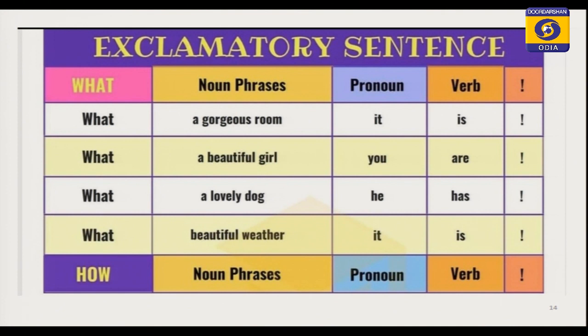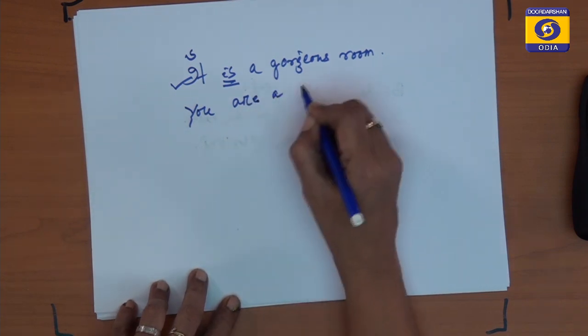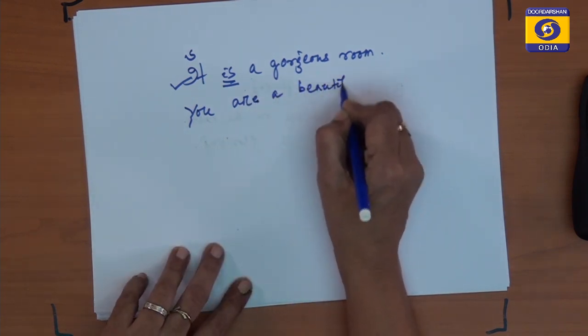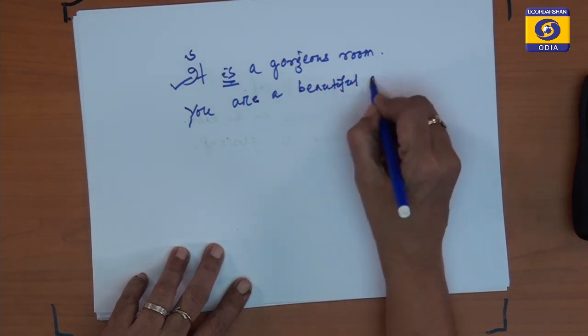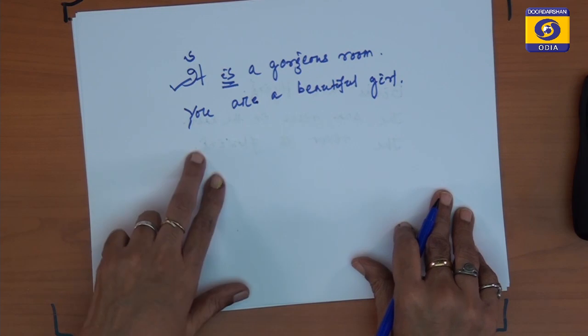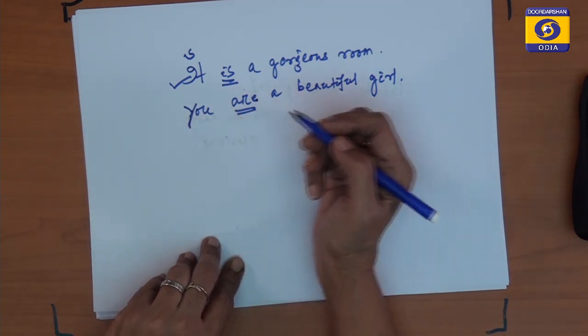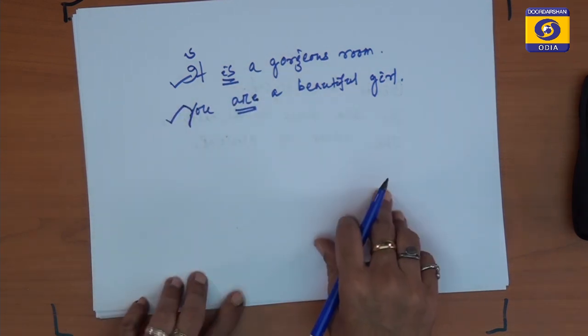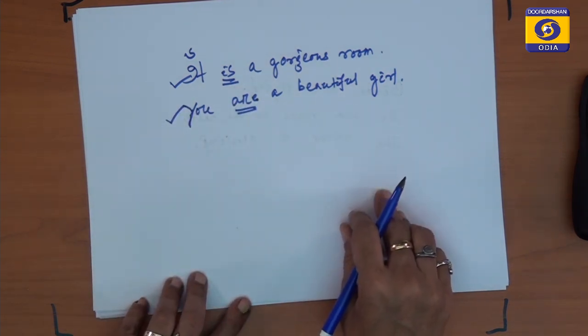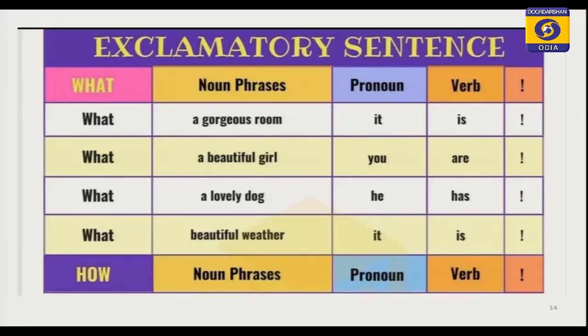Now come to the next sentence: What a beautiful girl you are. Now I am making it a statement: You are a beautiful girl. So this is a statement and the verb is are. So what is the subject? Yes, you know, the subject is you. And the predicate is what a beautiful girl are.